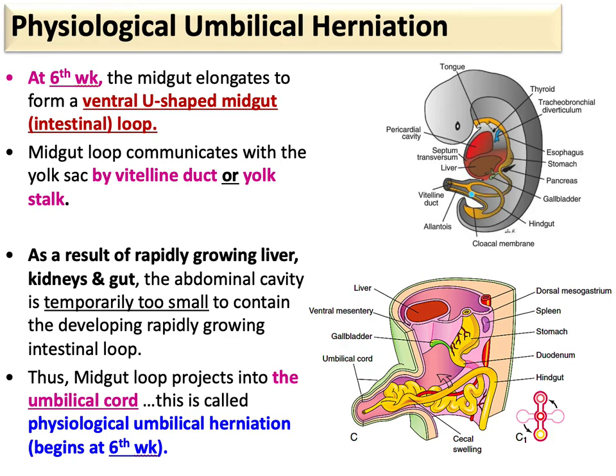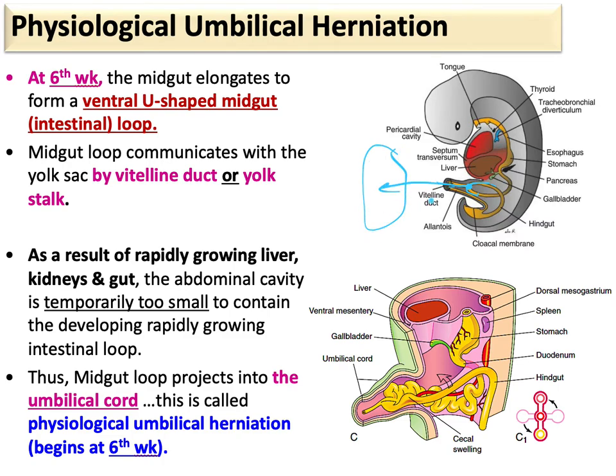So look again at the midgut: at the 6th week, the midgut, as you see here, elongates to form a ventral U-shaped loop, in which at the apex of this U shape there is a connection, the vitelline duct, from the tip of the U-shaped midgut to the yolk sac, right?